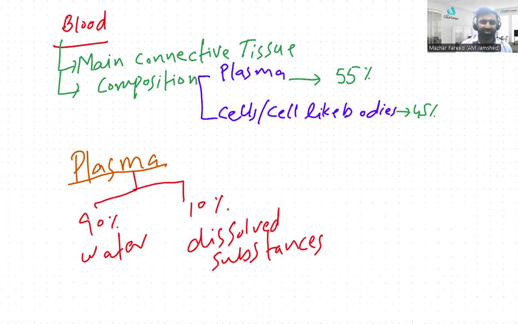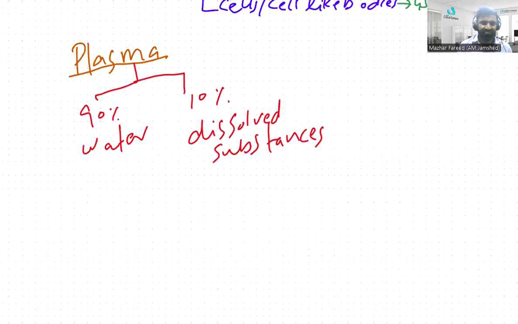In the concentration of dissolved substances, there are 7 to 9% plasma proteins.